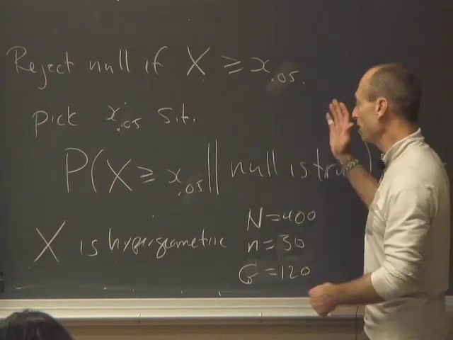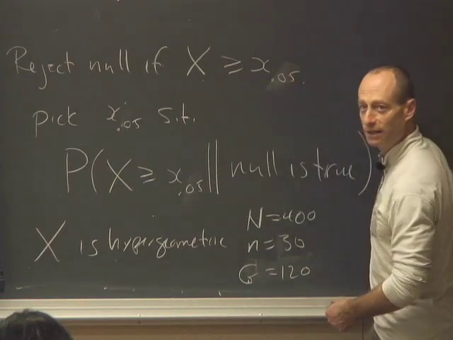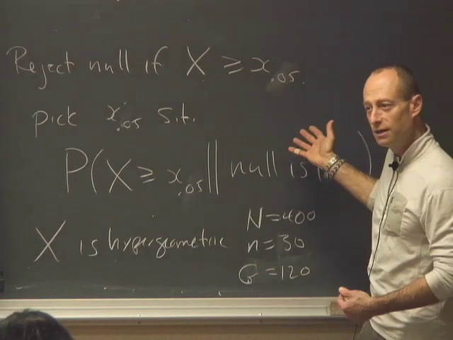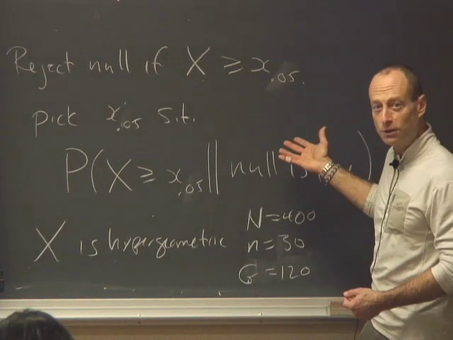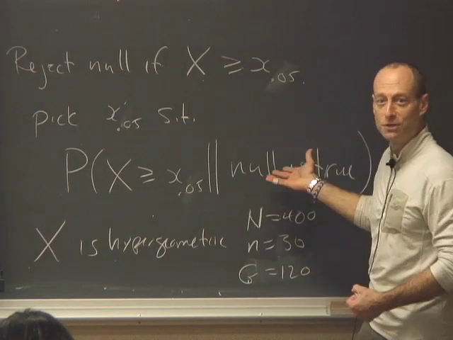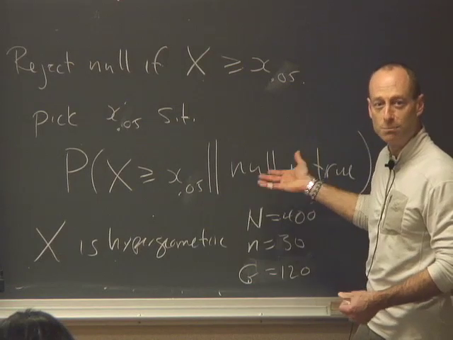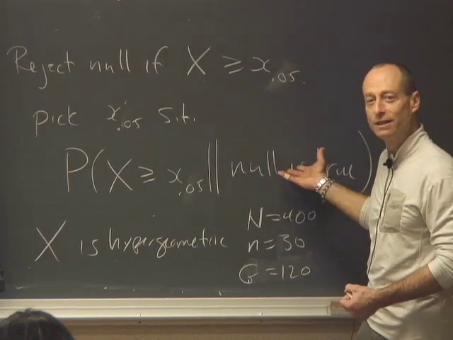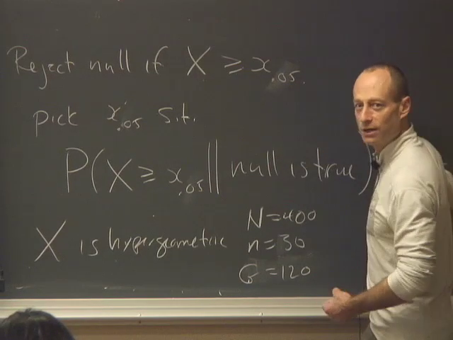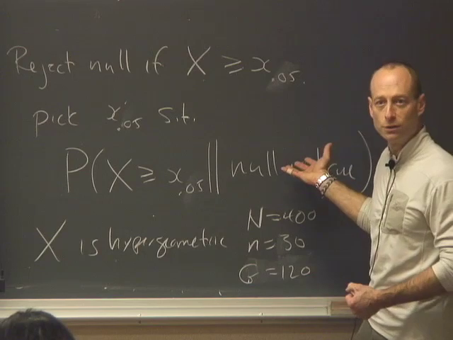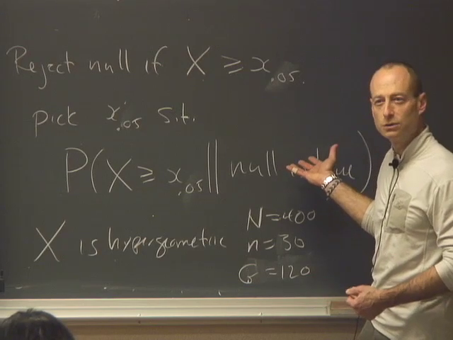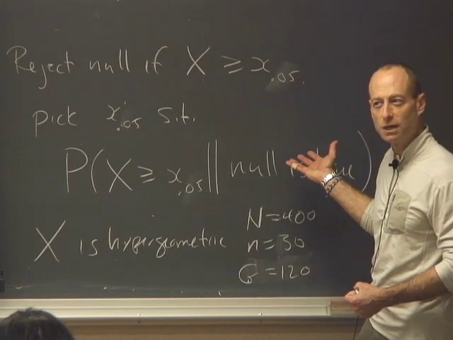Then, if x turns out to be larger than that, I can reject the null hypothesis and feel pretty comfortable that I'm not making a mistake, because it's very unlikely that I would have seen such a big value of x if the null hypothesis were true. Does this make sense?